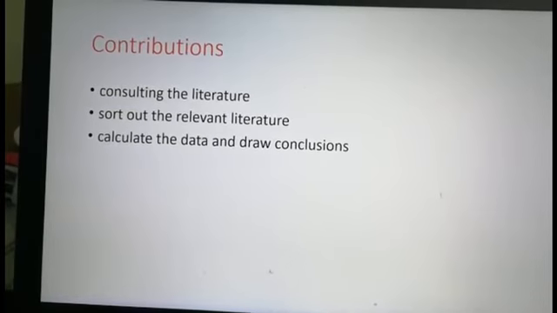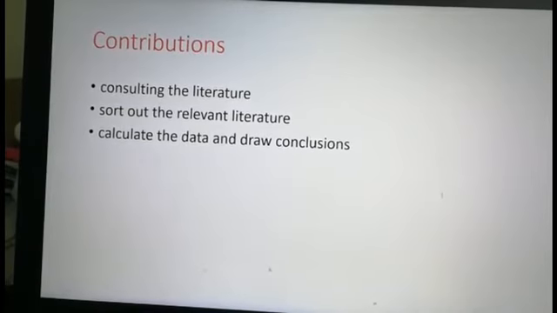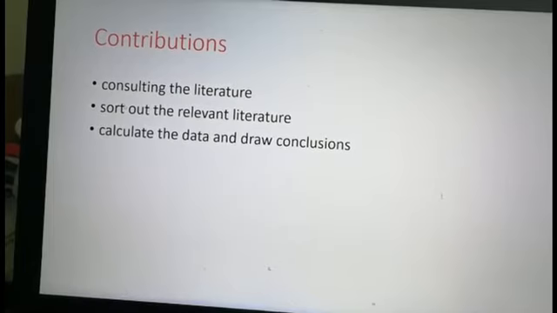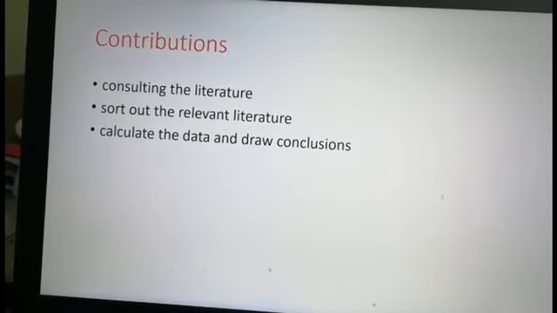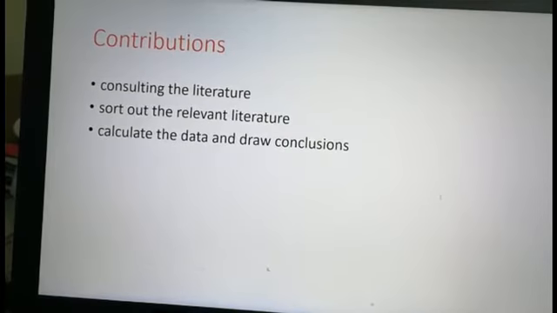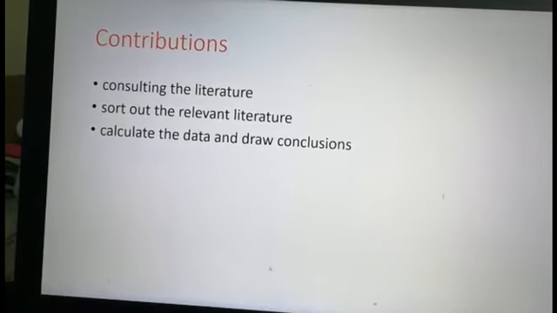Now let me talk about contributions. Actually, all of our team members tried their best to do this project. Considering the complexity of completing the project, we assigned our respective tasks.